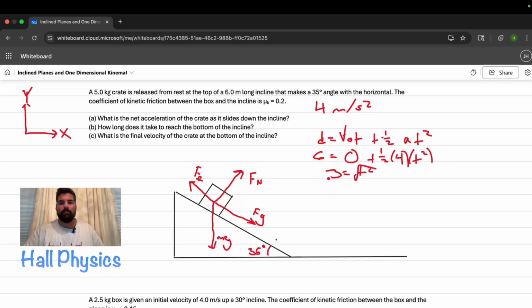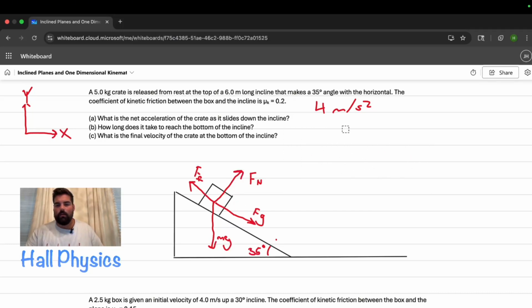Square root both sides. The square root of 3 is going to be 1.7. So t is going to be 1.7 seconds. So now we know how long it takes for the box to reach the bottom of the incline.